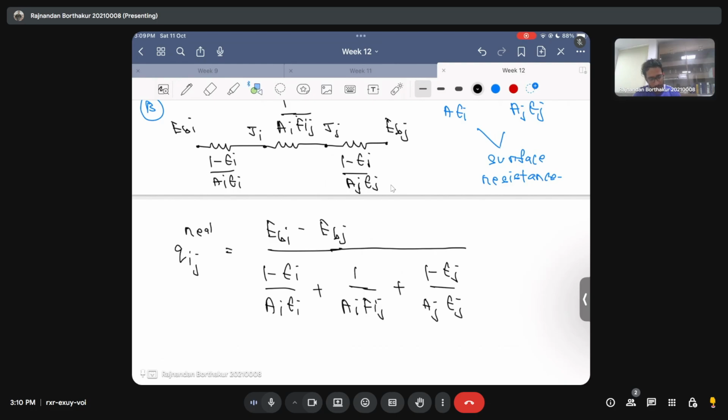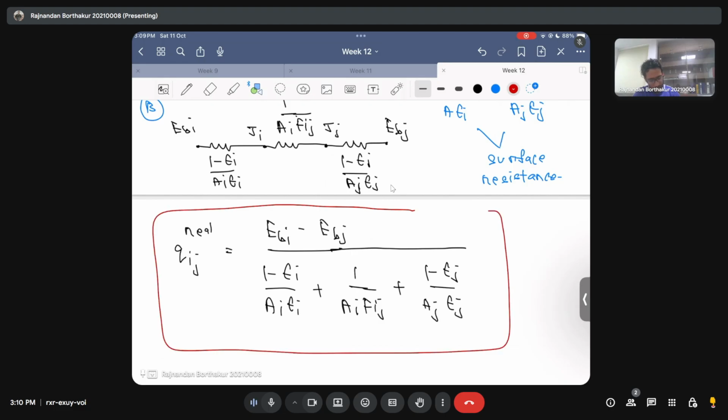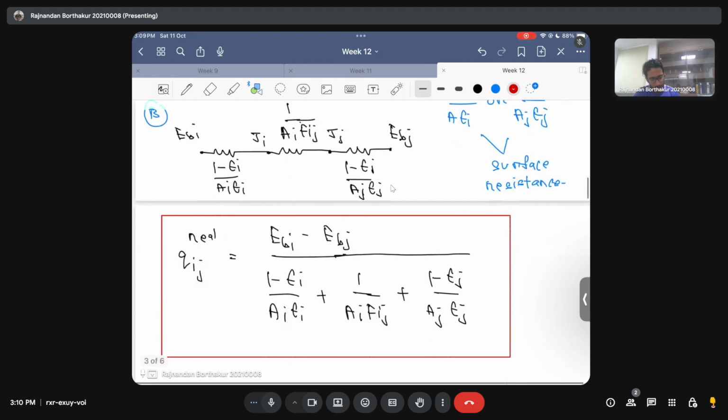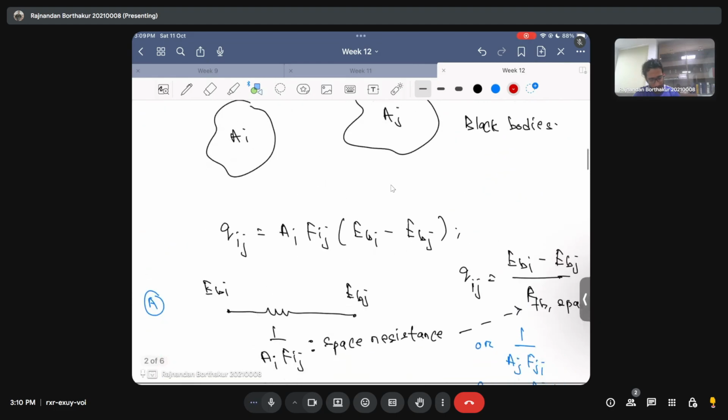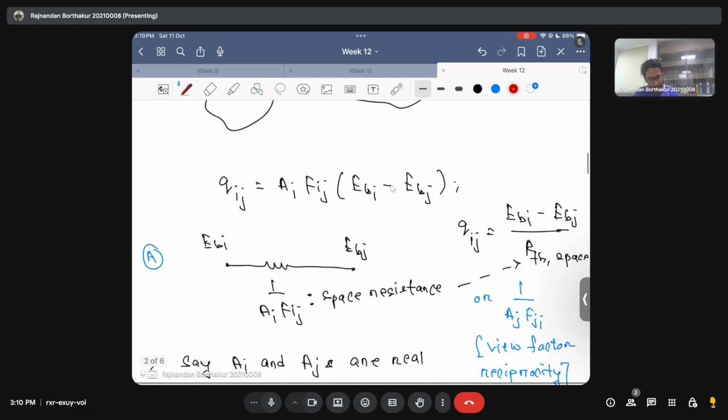So this is typically the net radiation exchange for a real surface, while the earlier QIJ is the net radiation exchange for a black body, which we'll call QIJB.